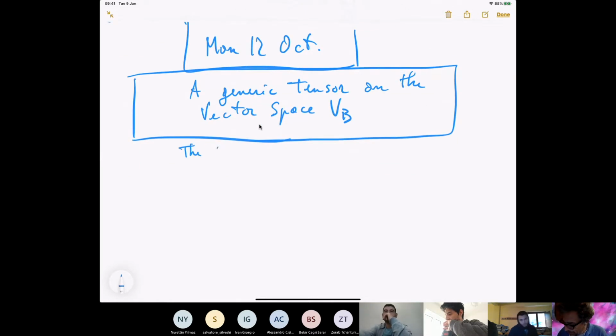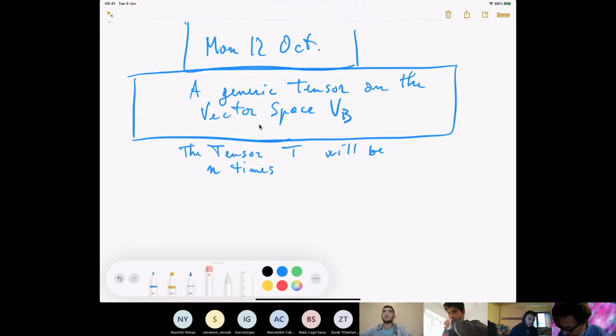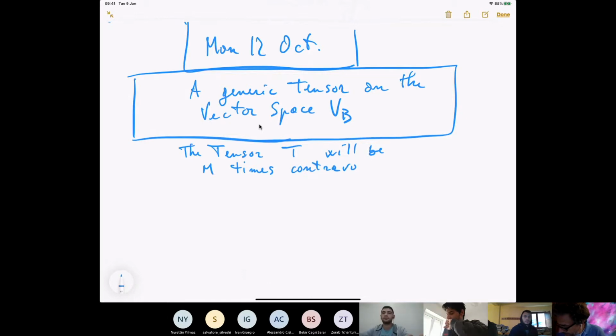The tensor T will be n times, so I must be very careful, so maybe I invent another symbol, m times contravariant and L times covariant.